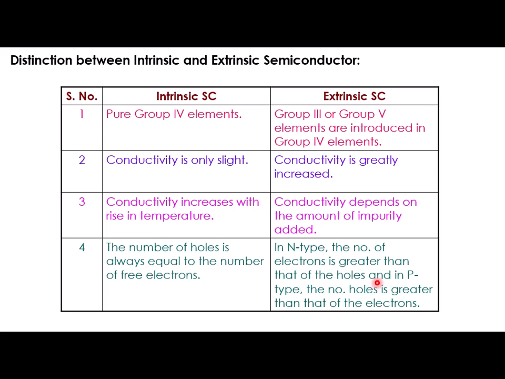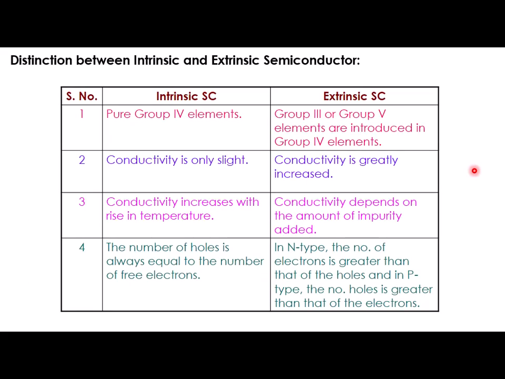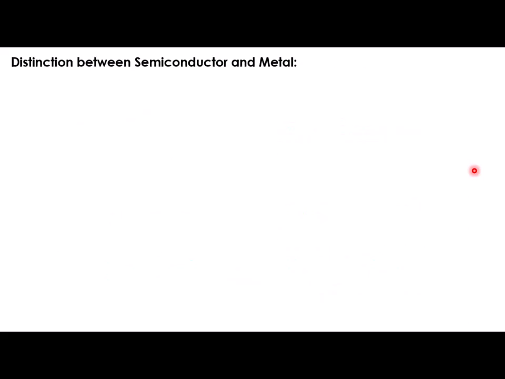And if it is a p-type semiconductor, the number of holes is greater than the number of electrons. Here holes are majority charge carriers and electrons are minority charge carriers. These are the four most important differences between intrinsic and extrinsic semiconductors. Similarly, let us discuss the differences between a semiconductor and a metal.